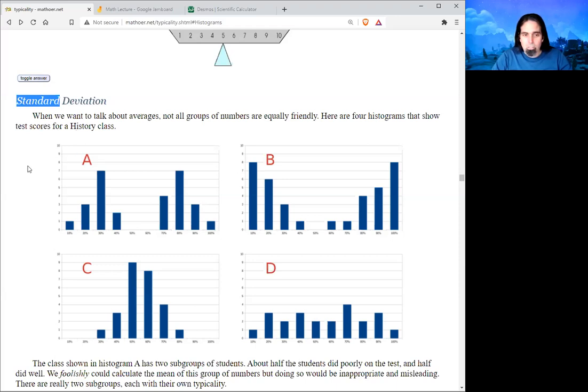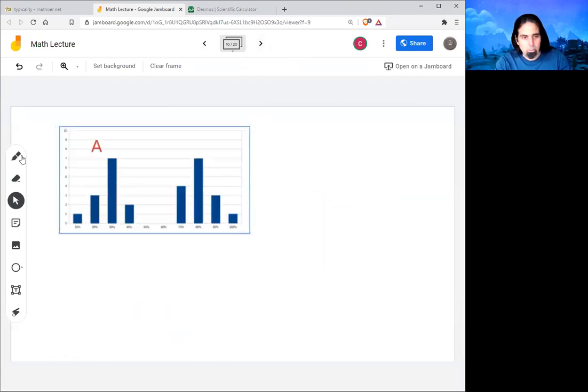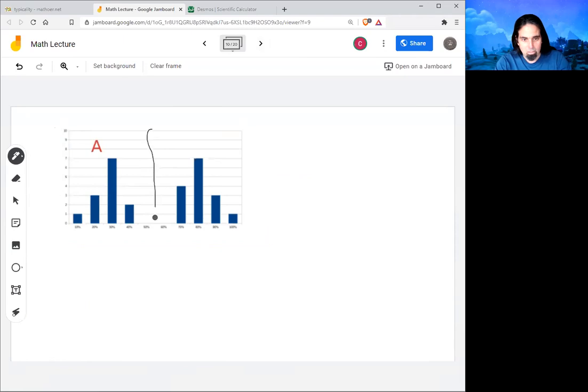So if I have these 4 charts, then the first one, A, does it have a lot or a little of this deviation? So our mean is going to be right in the middle. Things are pretty symmetrical, right? Something around here is more or less my mean. Are things close to the mean? Not really. There's a fair amount of standard deviation, right?